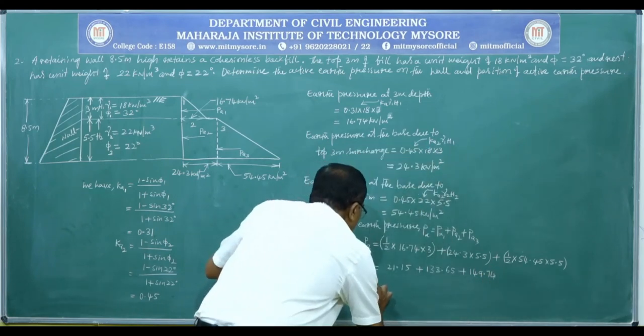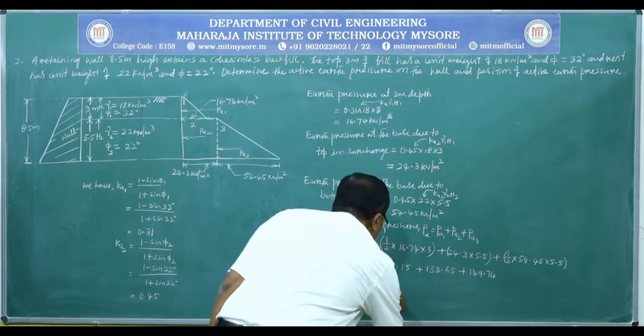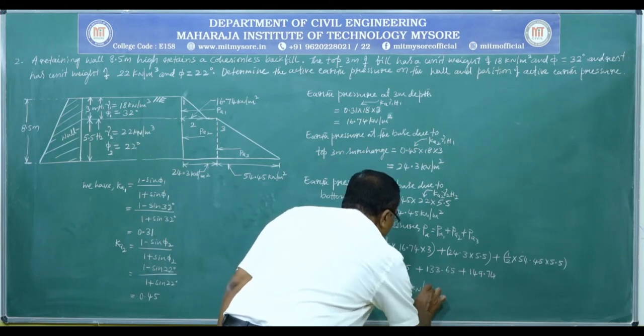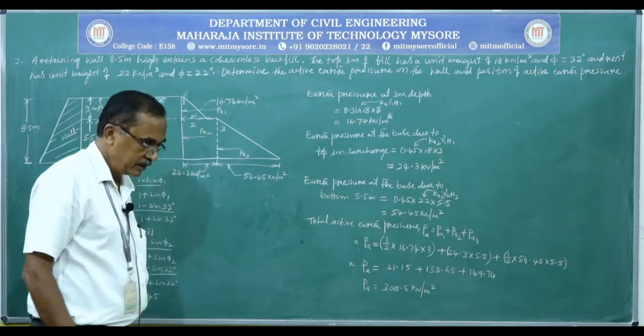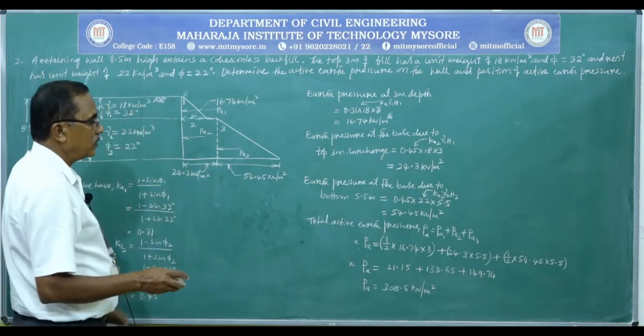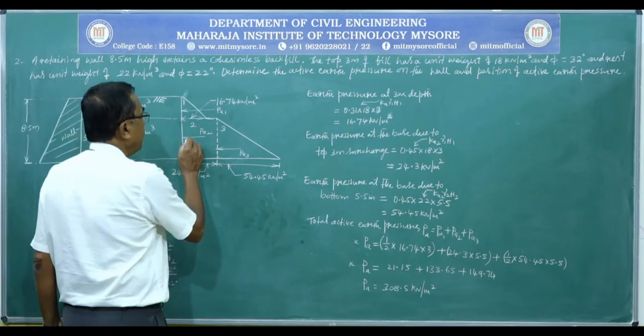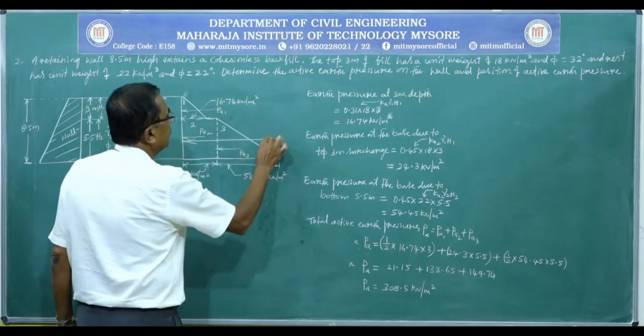Therefore, PA is equal to 308.5 kilonewton per meter, that is per unit running meter. So, after calculating total active earth pressure, we can mark it. This is PA.